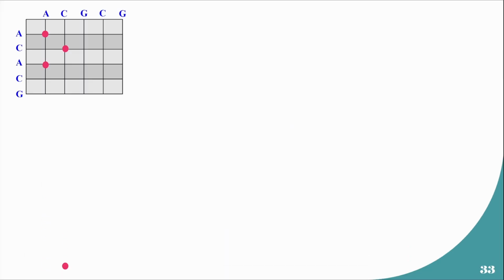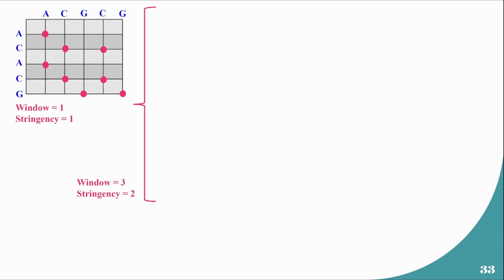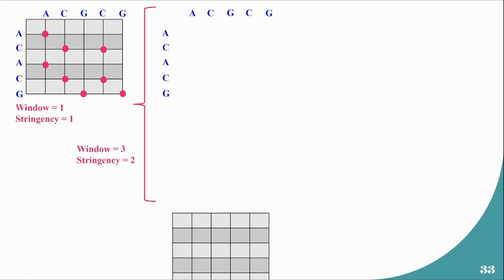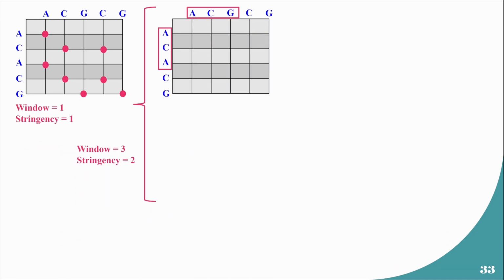So if we just go through the example of window size of 3 and stringency of 2, again, you compare ACA versus ACG at the top, and you find that the first 2 characters are matching. They are present at the exact same location. So then you put a dot here. The next thing you will do is continue the match throughout like this.